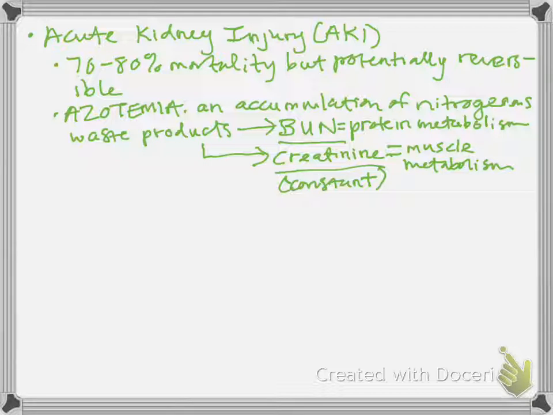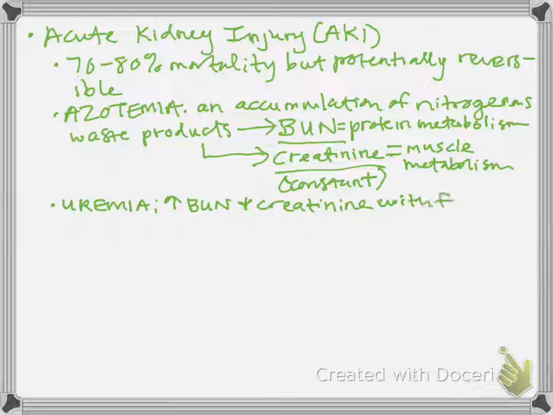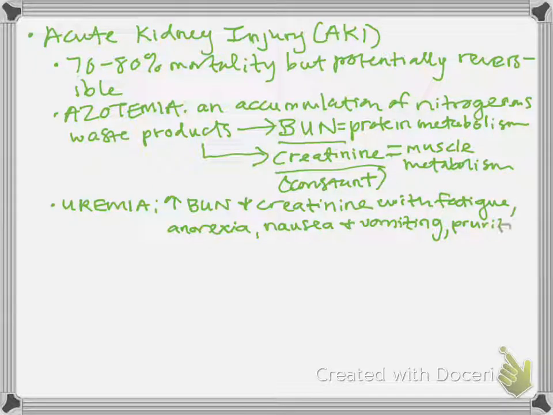Now, another term you might hear that's used interchangeably but has a slightly different meaning is uremia. This is still an increase in those nitrogenous waste products, BUN and creatinine, but it's characterized by fatigue, anorexia, nausea and vomiting, itching or pruritus, and neurologic changes.